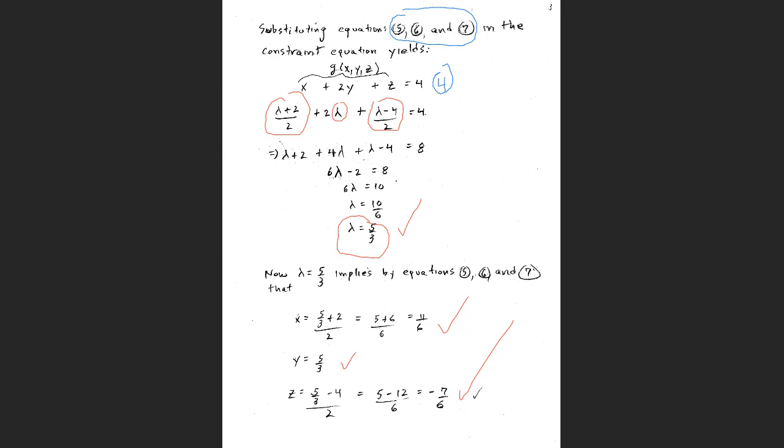All right, so now what we need to do is get the distance. So we have to substitute in our values of x, y, and z in the distance equation. So if there are no questions, I'll move forward to the next page.